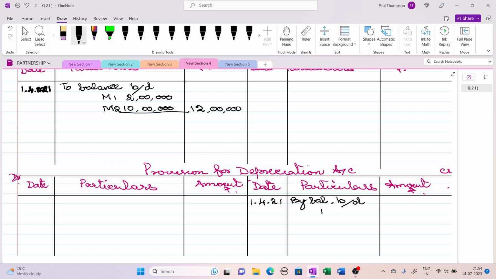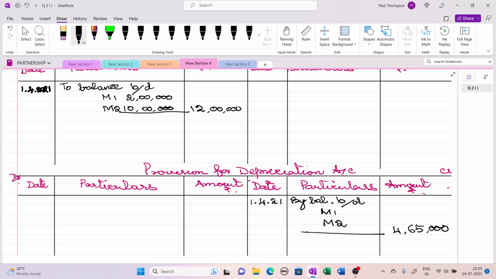This 4,65,000 we also have to bifurcate into M1 and M2. We will do the bifurcation later. So the total provision for depreciation for both the machines available up to 1/4/2021 is 4,65,000. So now we have put up the values.